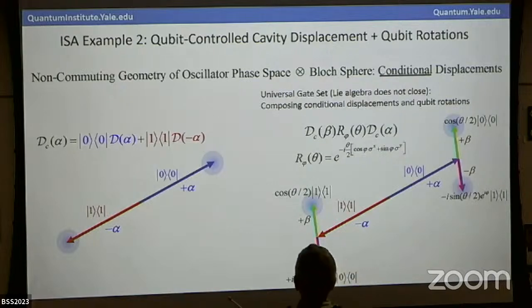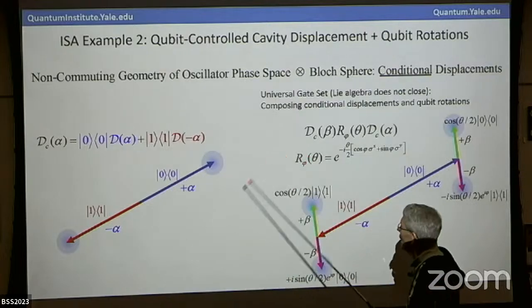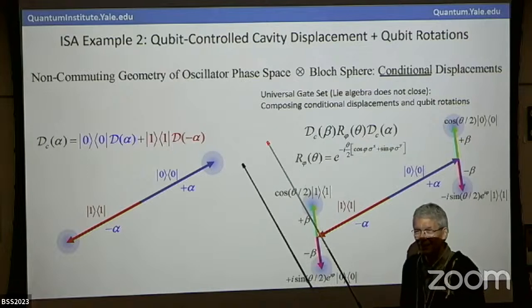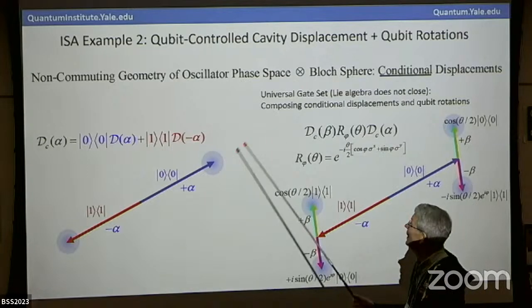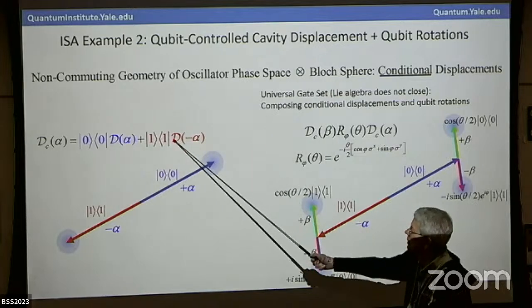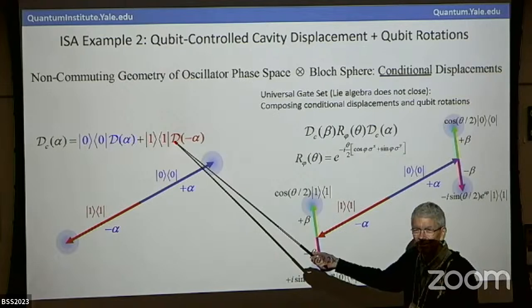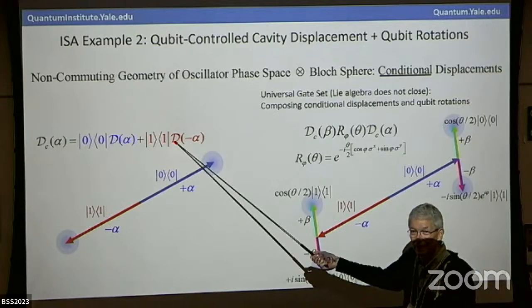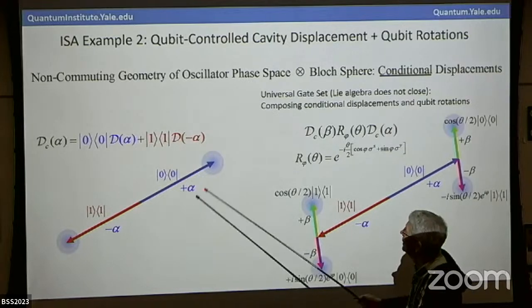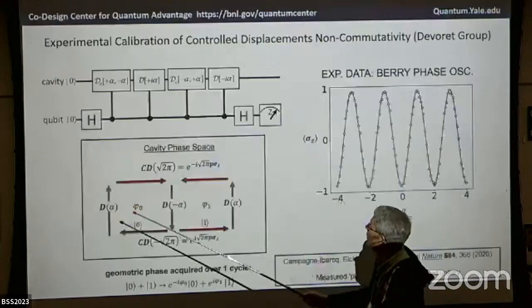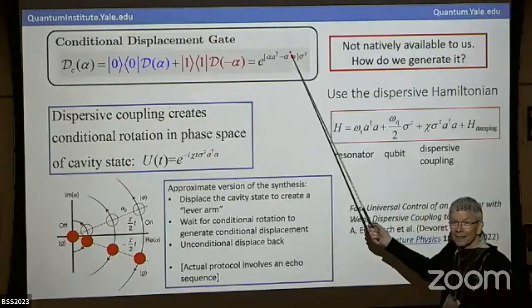So I want to entangle the cavity and the qubit, and the conditional displacement does that. Here's the unitary.